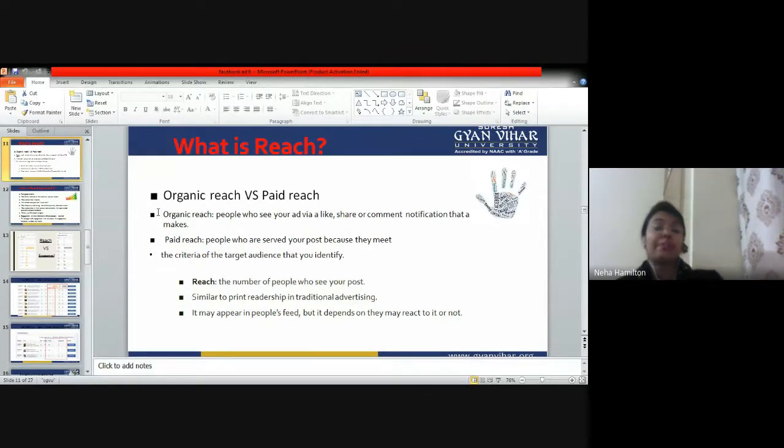Now, what is paid reach? Paid reach means where you launch a Facebook ad campaign. You give some amount of money to Facebook to increase your reach to a higher number of people. If organic reach is not working, if your brand awareness is not good, and people don't know about your brand, then why will they like your page, right?